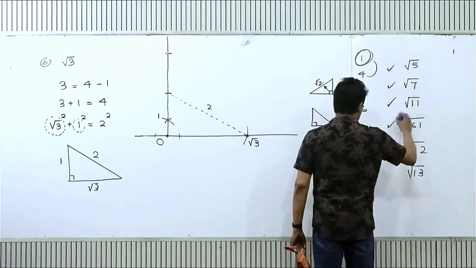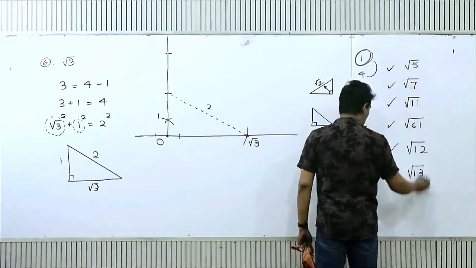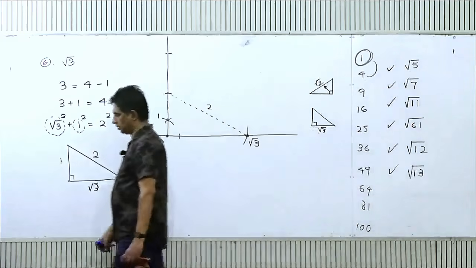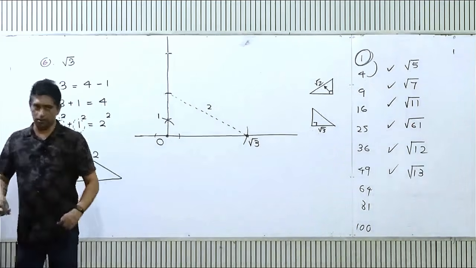Do these 6 questions; you have to mark these irrational numbers on the real number line.